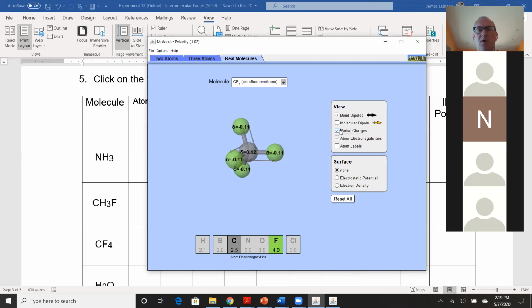Here it's really small. Why do you think that is? Is it because there's no hydrogen bonding? No, not really. It has something to do with what else is bound to the carbon.